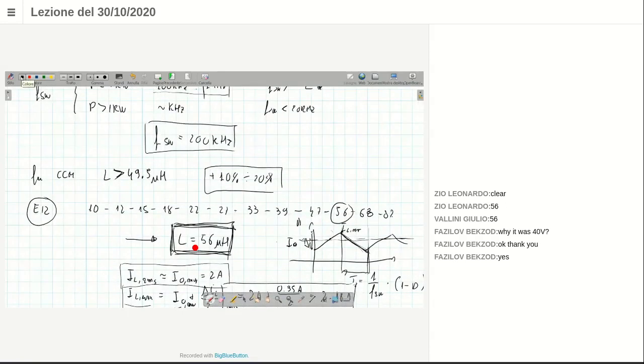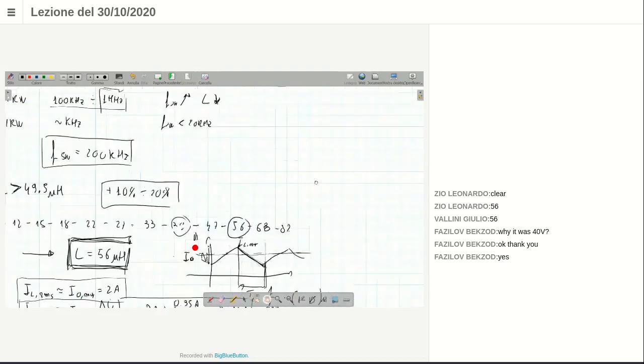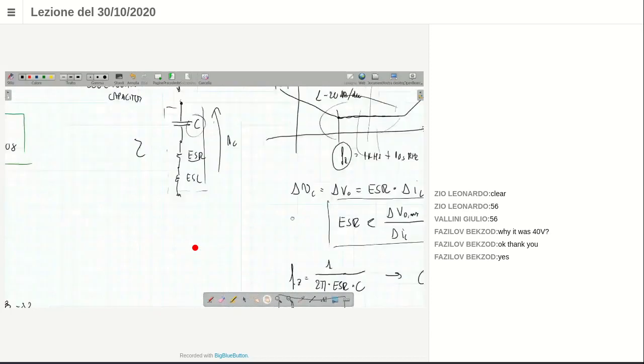So our specification, capacitance larger than 371 microfarad, can be met by a capacitor of 390 or 470 microfarad.